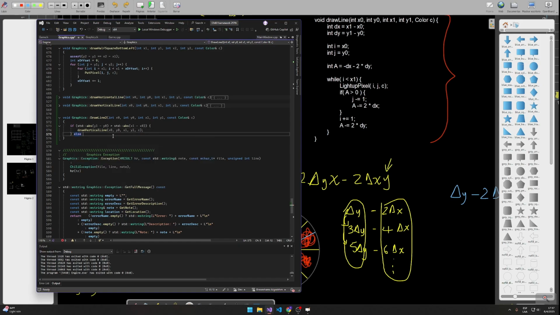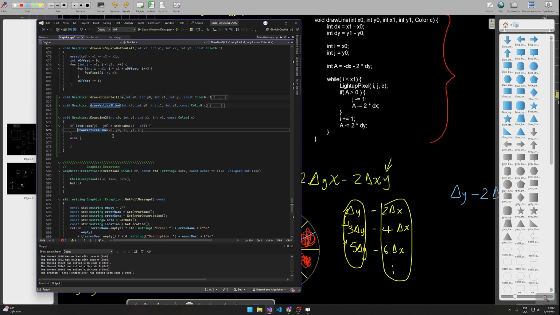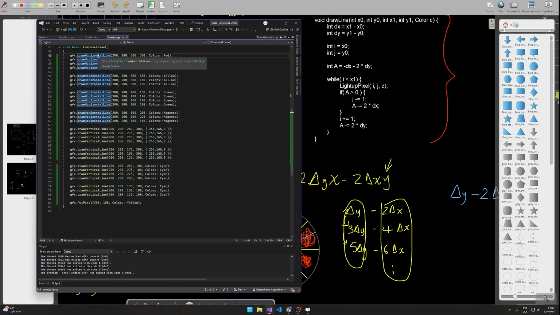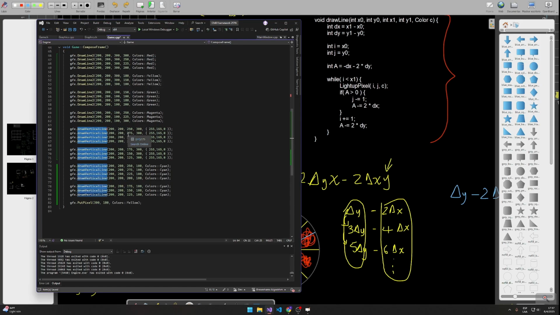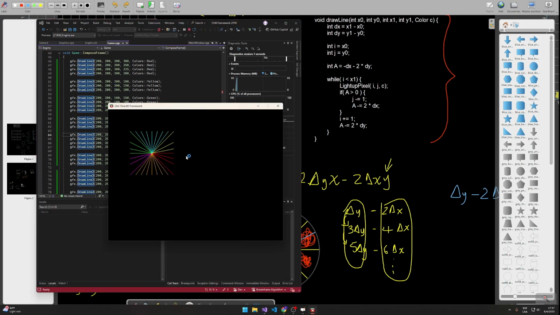And if not, I'm just going to draw a horizontal line. And now we're able to completely replace this and this for our new method. And here you have it.